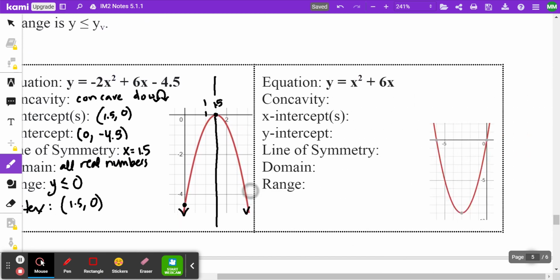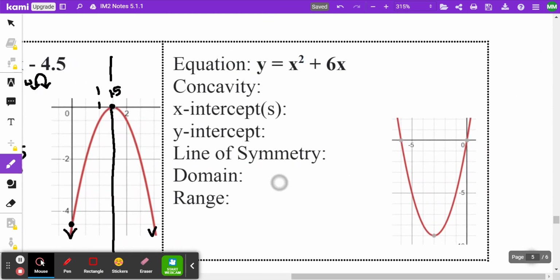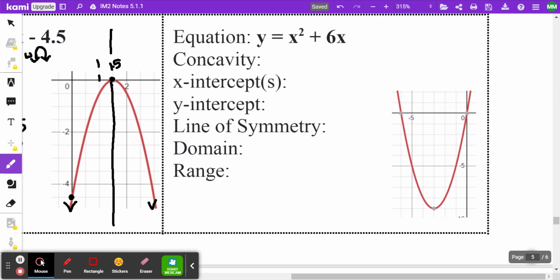Last part. Okay. This equation is y equals x squared plus 6x. You might think, no c? No big deal. NBD, it's 0. If you like, you can write in plus 0 here, but you don't have to.